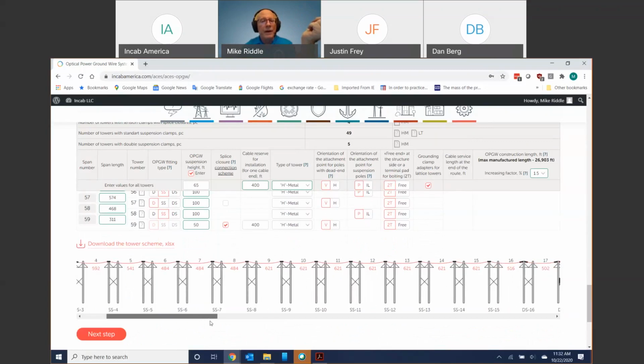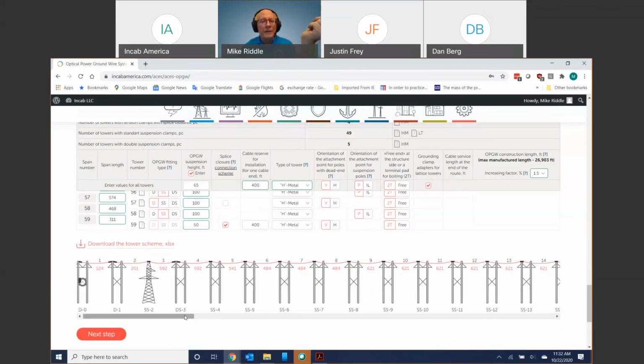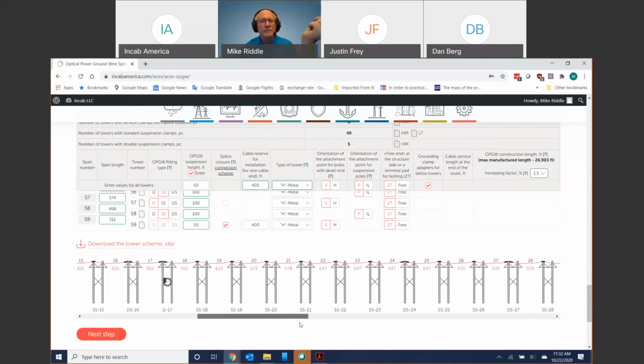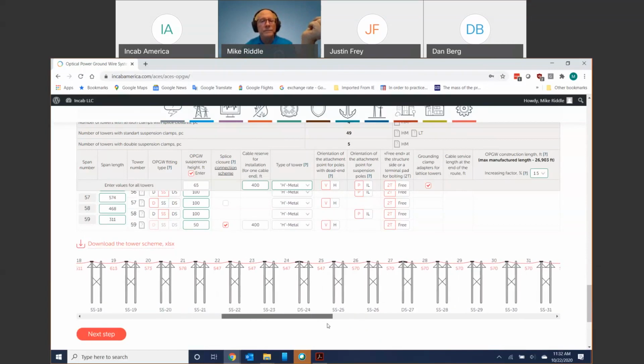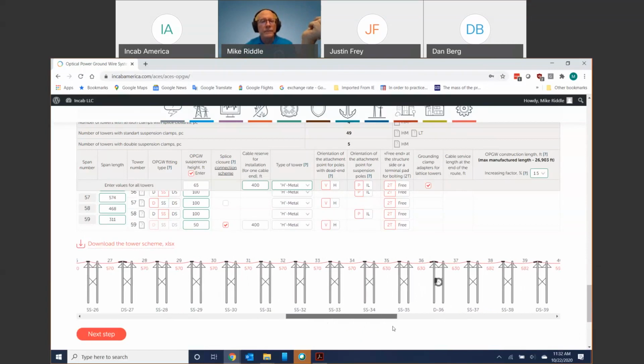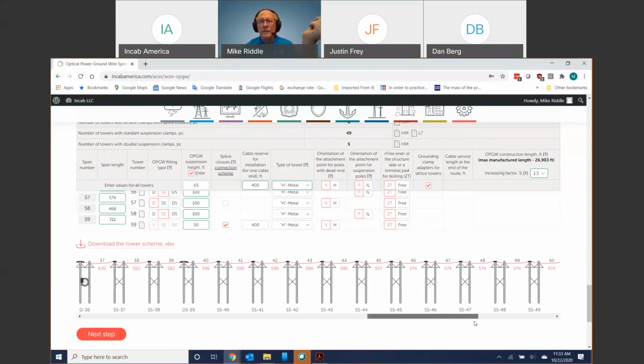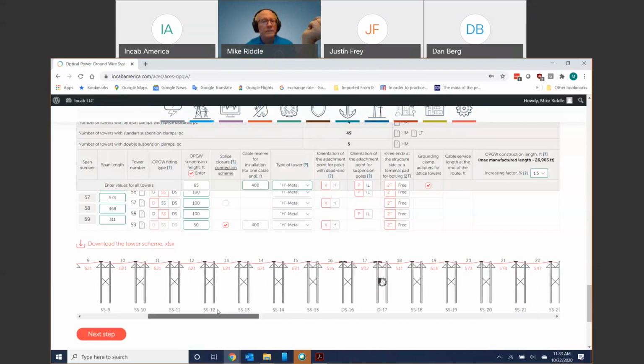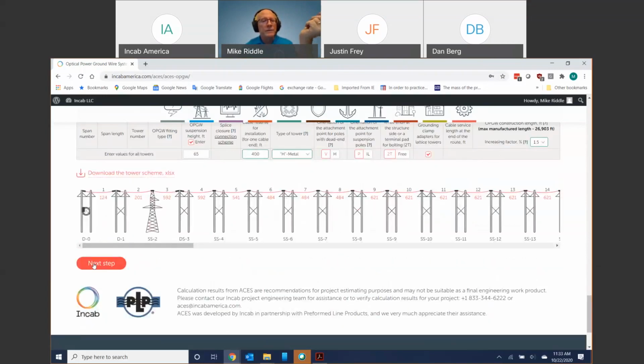Indicated where I have a double dead end without a splice in it. And when I'm finished, I'm ready for the next phase.